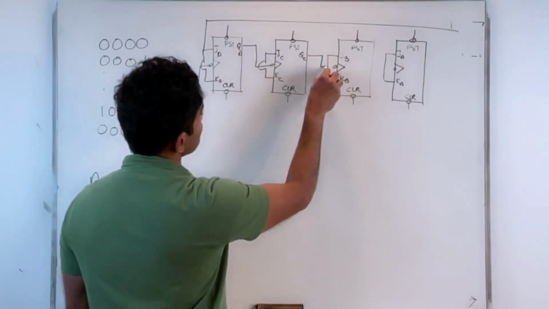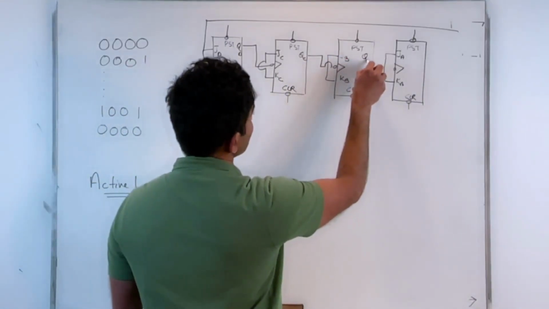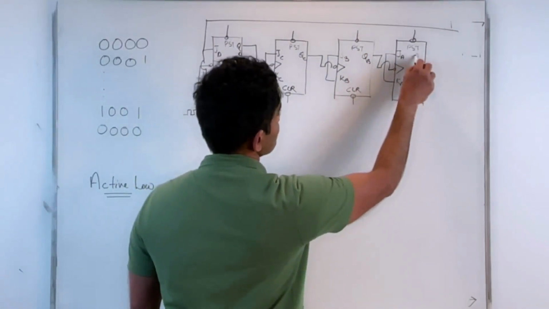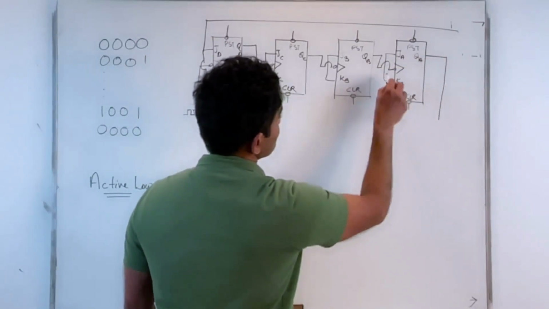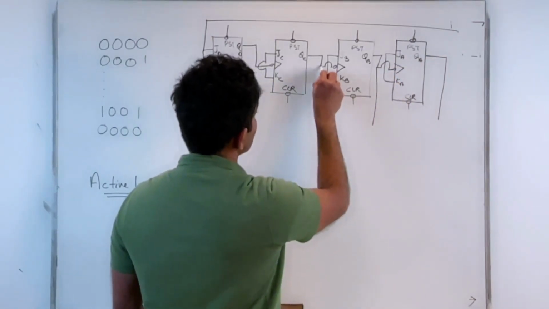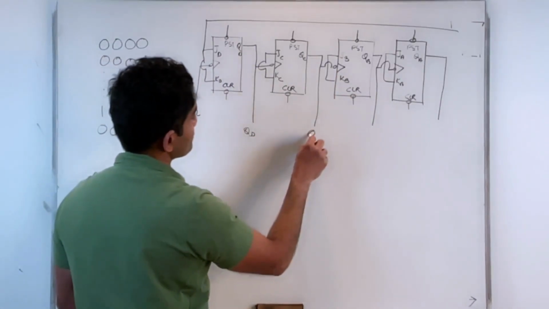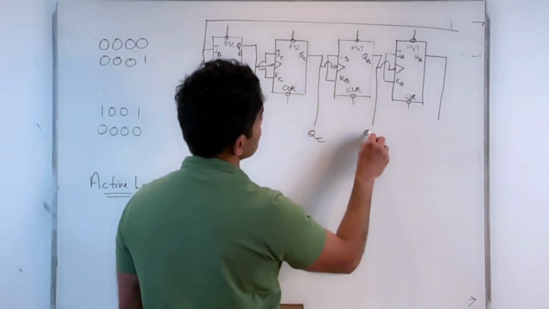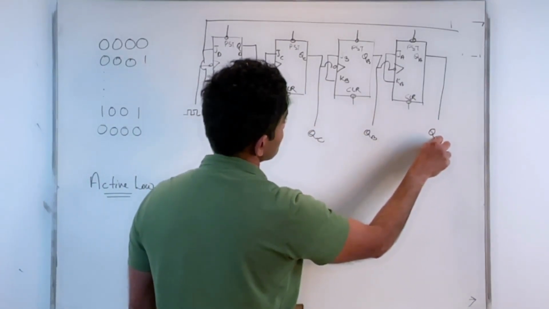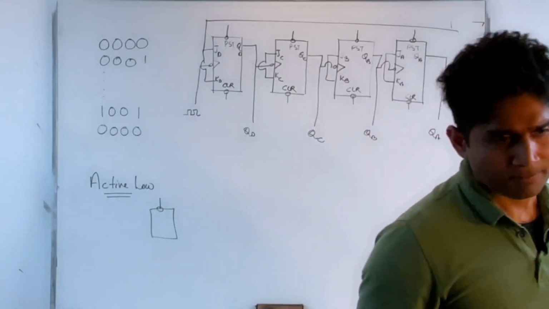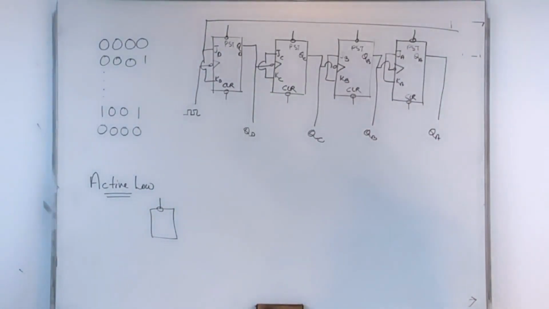QC, QB, that's it, and that's QA. QD, QC, QB, QA. All right. And now I want to configure these.